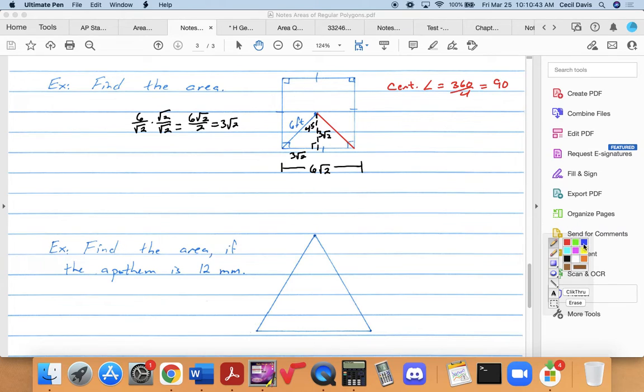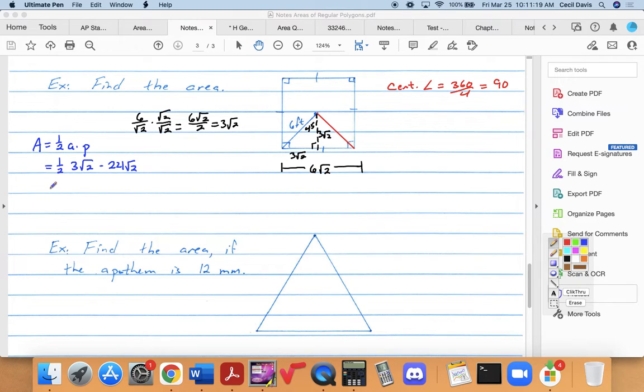And now we're ready to find the area one of two ways. Let's do it 1/2 apothem times perimeter first. So that's going to be half of 3 square roots of 2 times, what do I have to do to the 6 square roots of 2 to get the perimeter? Multiply by 4, and that's easy enough to do in your head. That's going to be 24 square roots of 2. Anytime you have multiple square roots that you're multiplying together, you should group them.